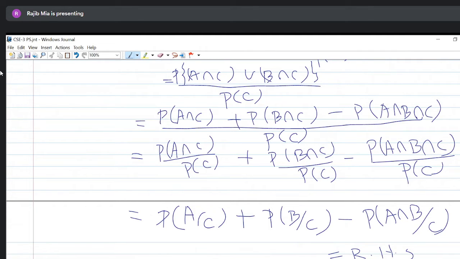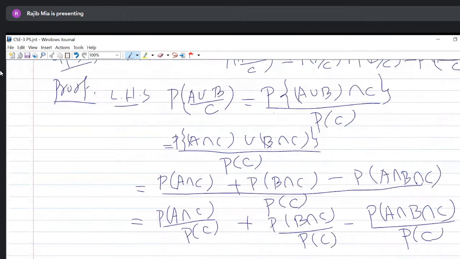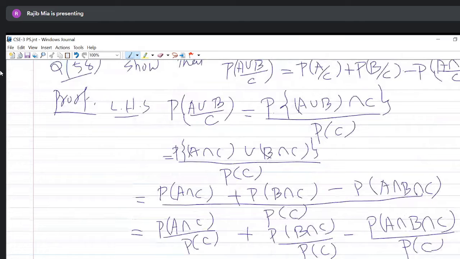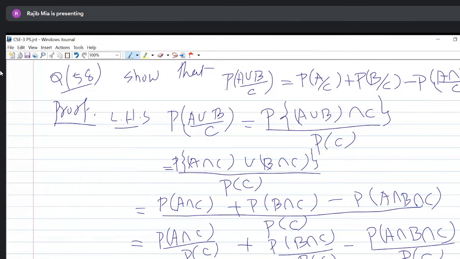So, can you explain the first steps of what you have done, sir? This is probability of A union B by C, like probability of A by B. A means A union B and B means C. Just use the definition of conditional probability.